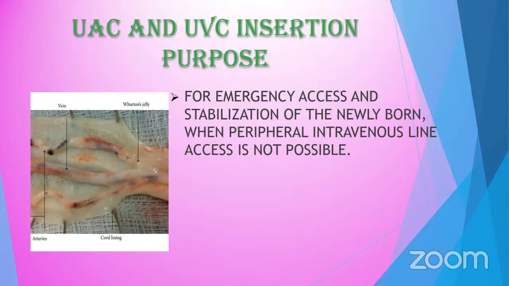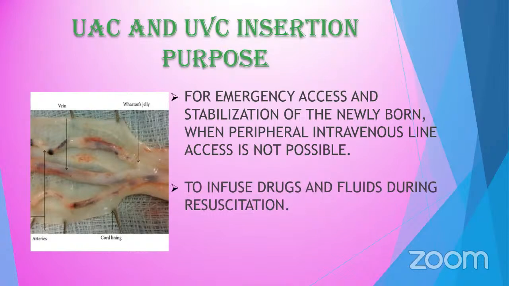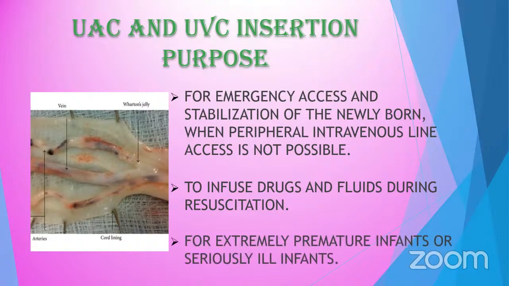If it failed twice, then urgent UVC and UAC insertion should be done in NICU. One of the purposes is to infuse drugs and fluid during resuscitation. And of course, it is applicable for extremely premature infants or seriously ill neonates.